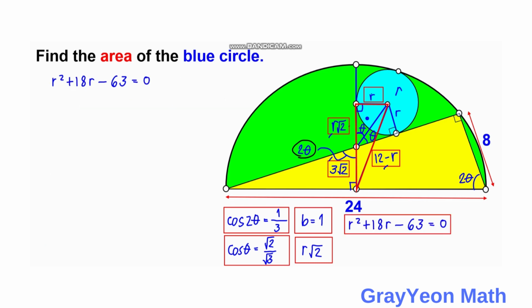Okay, so next we solve this resulting quadratic equation. We can solve this by completing the square. So we have R squared plus 18R, and we need to add half of this 18, which is 9, and square that. If you square that, that is 81. We simply put this negative 63 to the right hand side, so we have 63. And since we added 81 on the left, we add 81 on the right hand side.